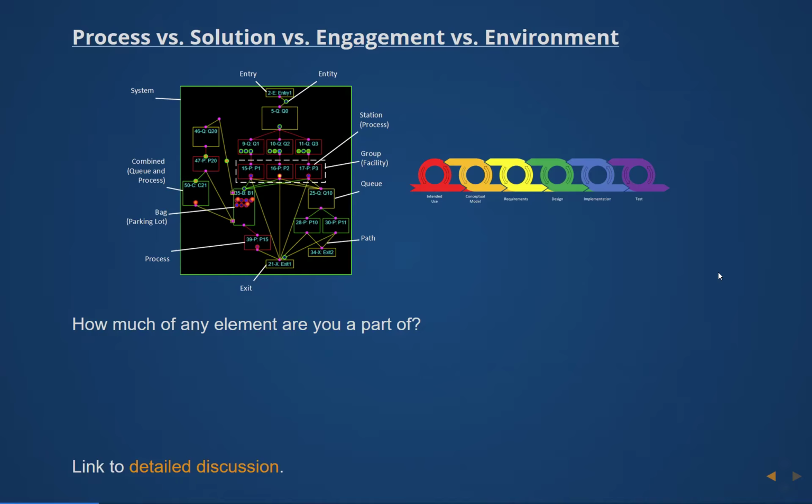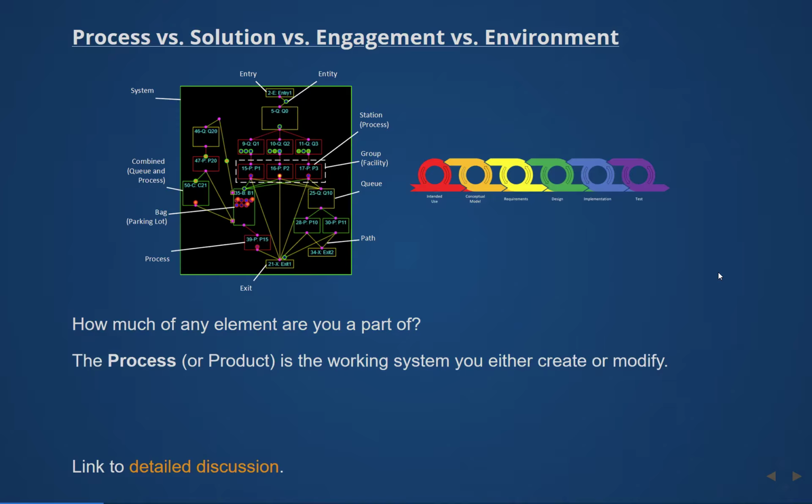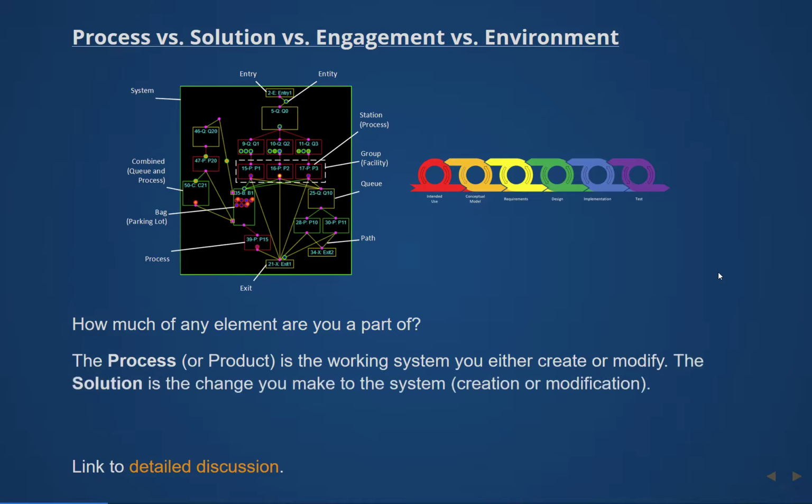What we're here to do today is talk about the engagement, which is the structured process of doing the actual work. So the process is the working system you either create or modify, and that's the picture on the left.